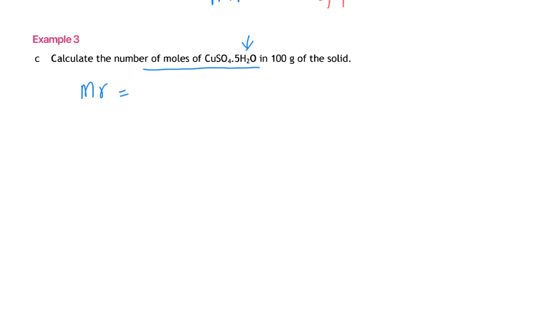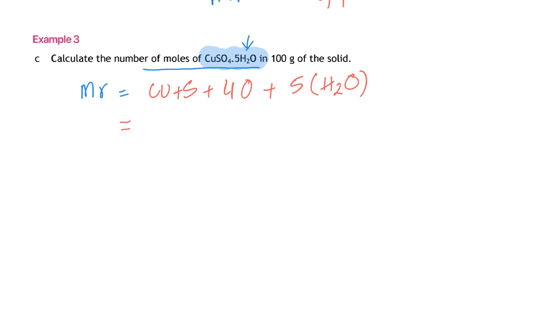This entire thing is just 1 molecule. Let's try that out. Copper sulfate is going to be CuSO4, plus 5 times, I'm going to group water together to make my life slightly easier.